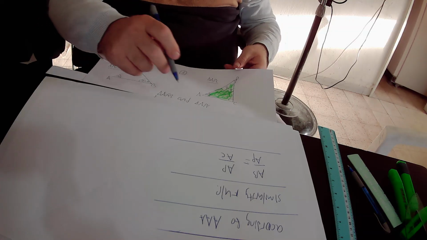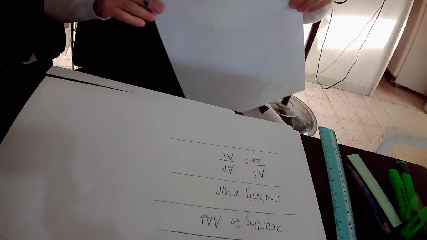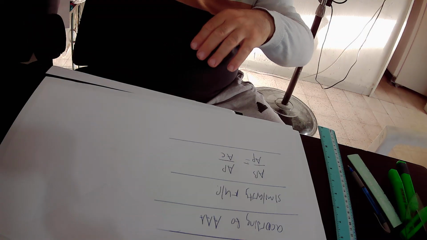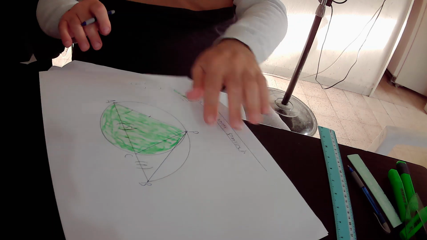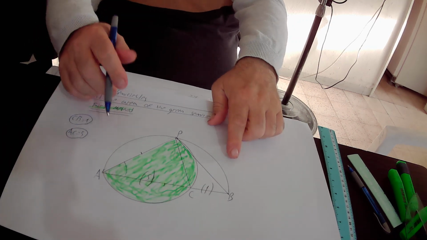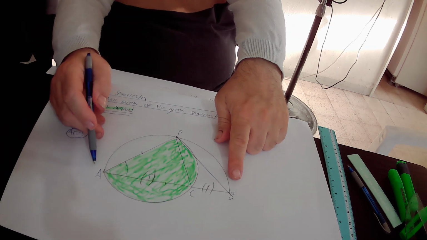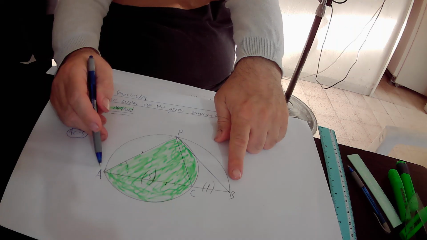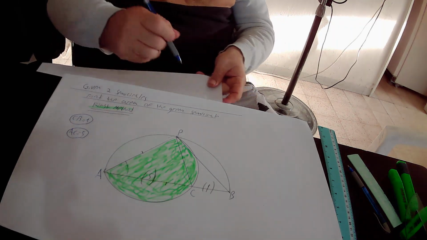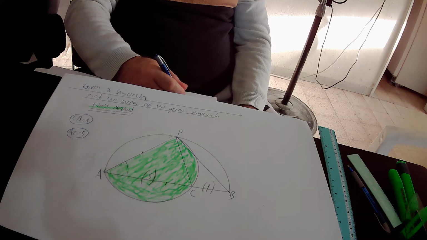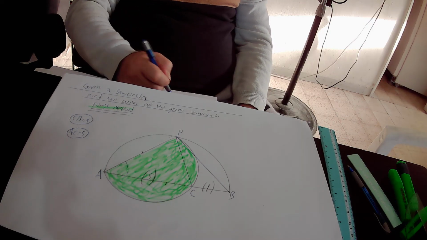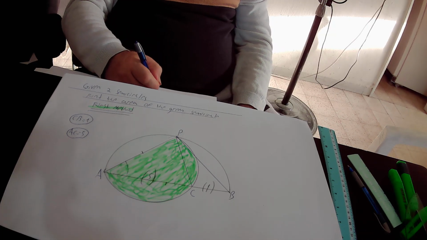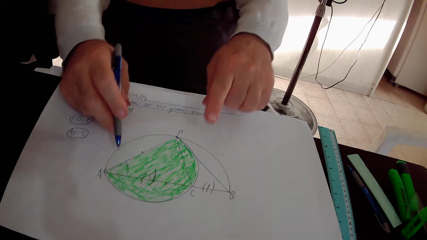What is the length of AB? From the original drawing, it is very easy to see that in total AB equals 5 plus 1, that is 6. So it is 6 over AP. AP is the missing side, so we leave it as it is. Over AP equals AP over AC. AC is 5.